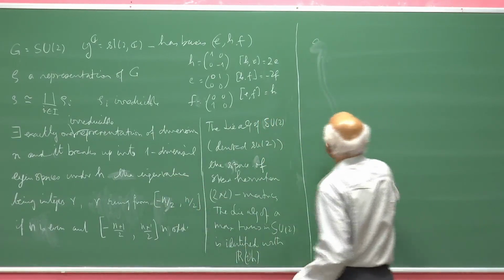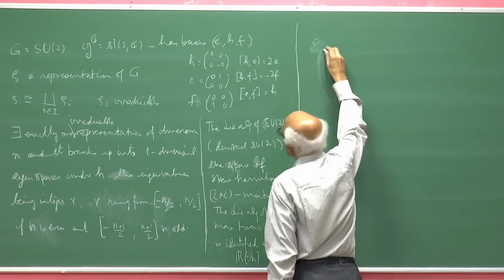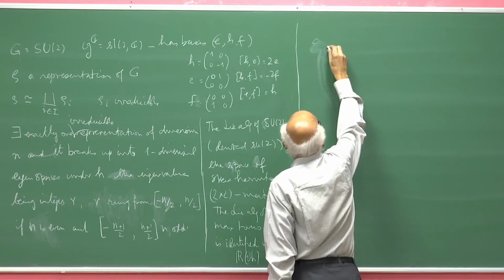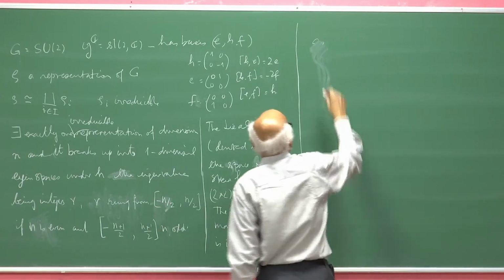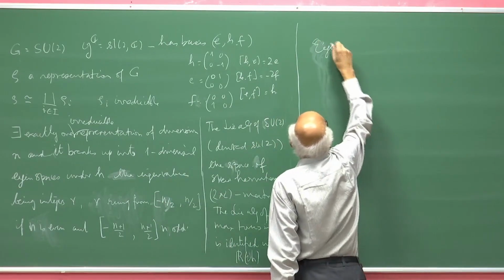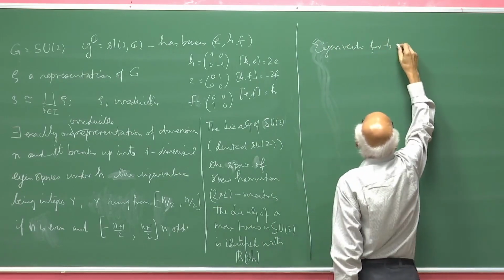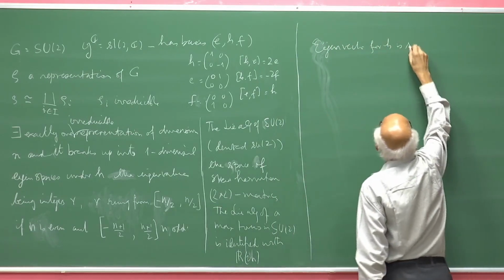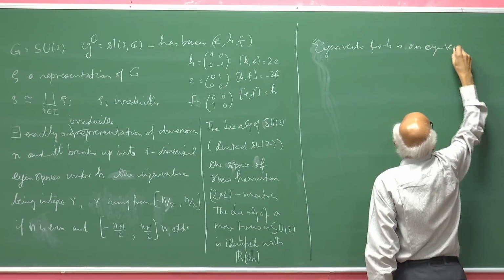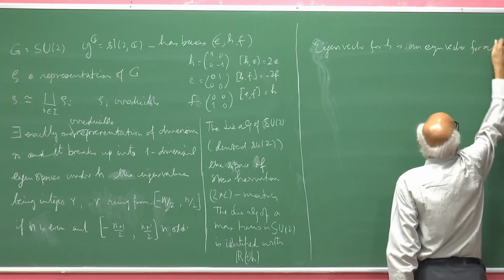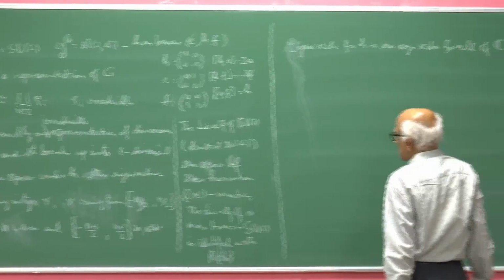Instead of H, if I want to, I can say the eigenvector for H is an eigenvector for the whole one-dimensional vector space CH.